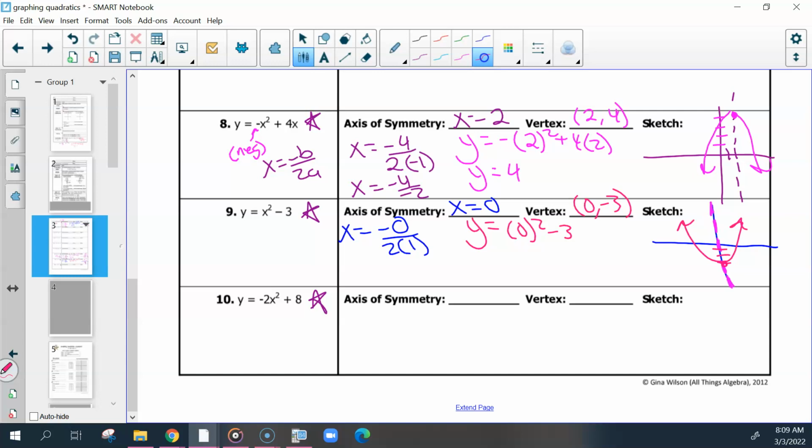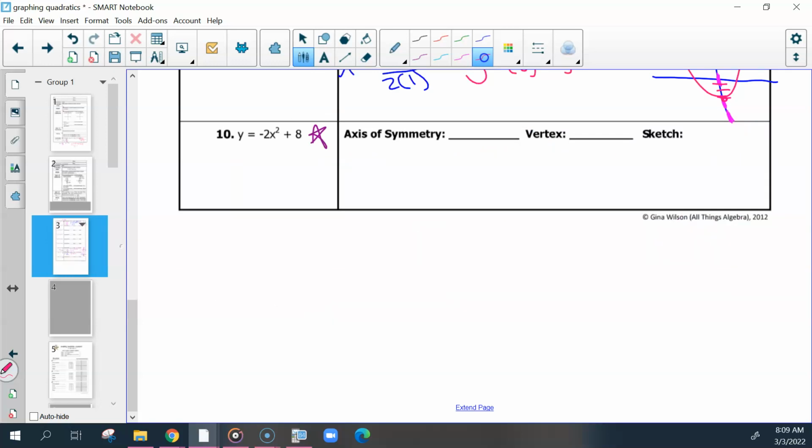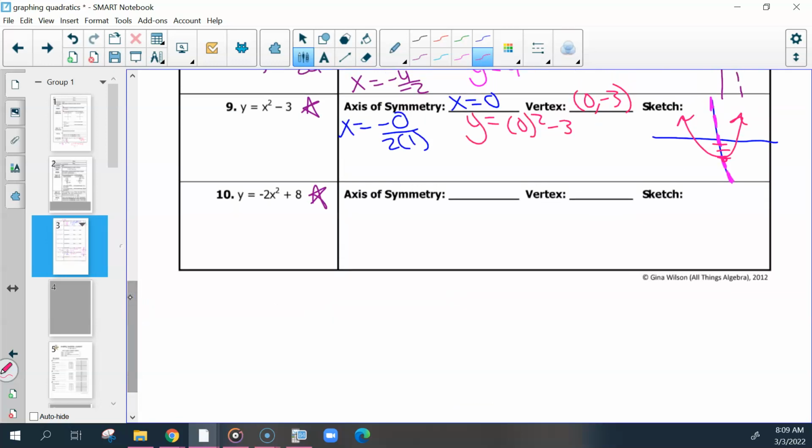Last one like this that we're going to do together. Number 10. To find our axis of symmetry, it would be x equals negative because that comes from the formula. Here we don't have a b. I was thinking it would also be negative.